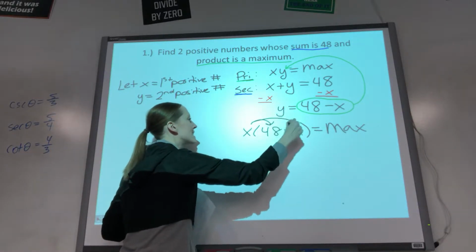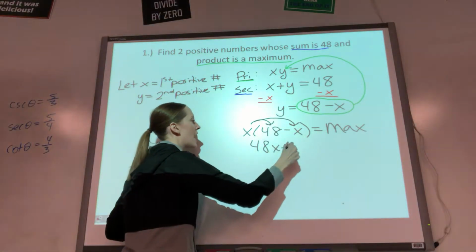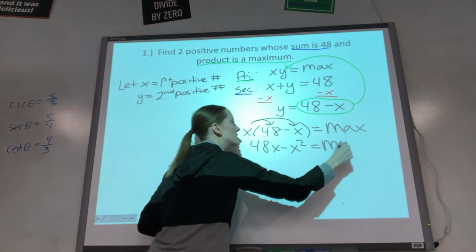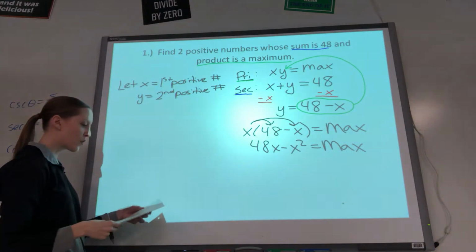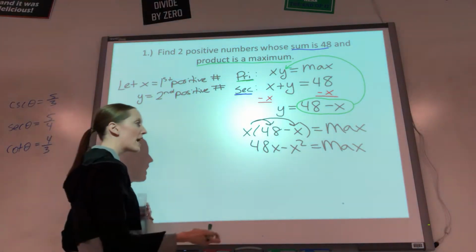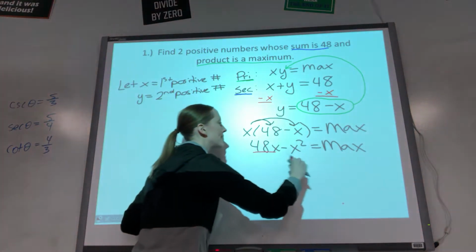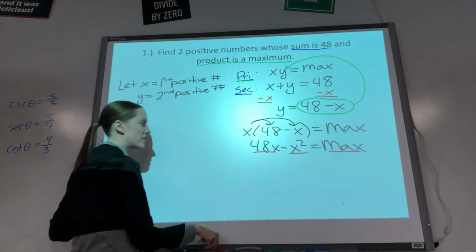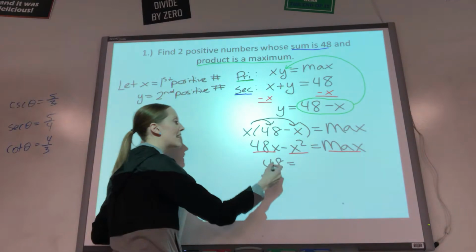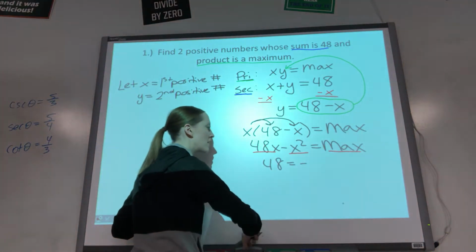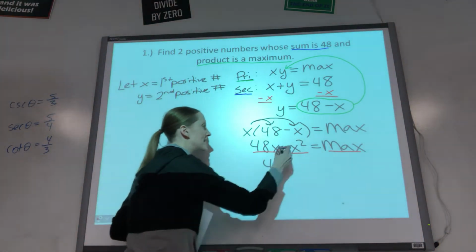Now, before I take the derivative, I'm going to distribute the x. So now it's 48x minus x squared. And we basically have to take the derivative of each part separately. Derivative of 48x is 48. I don't need my equal sign yet, Mrs. Street.